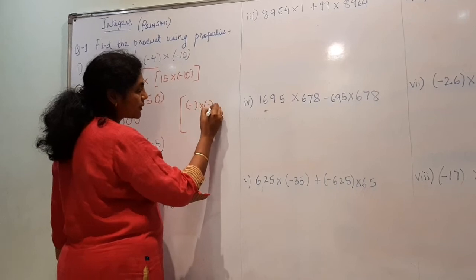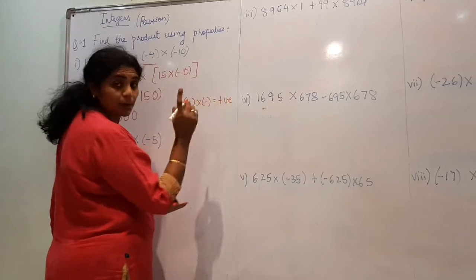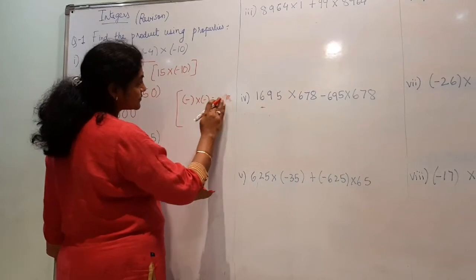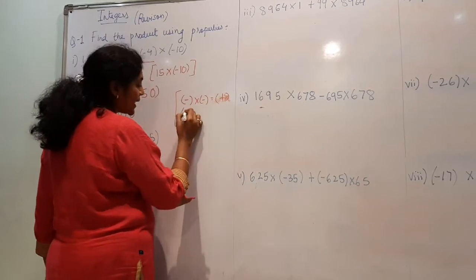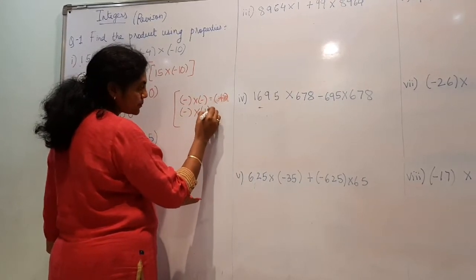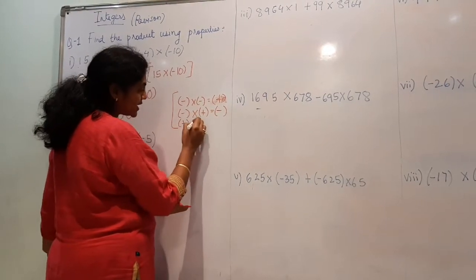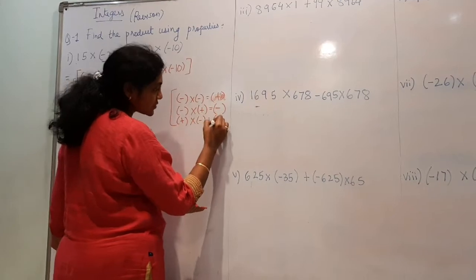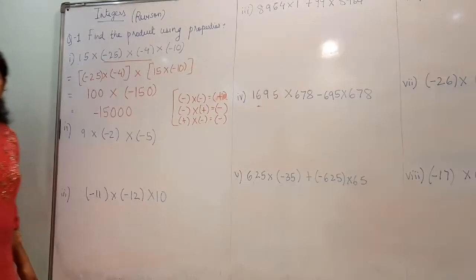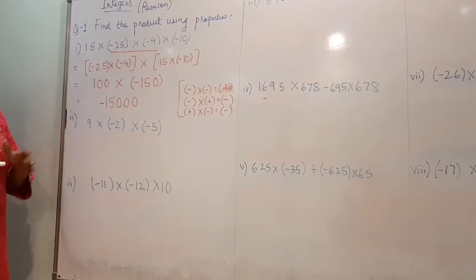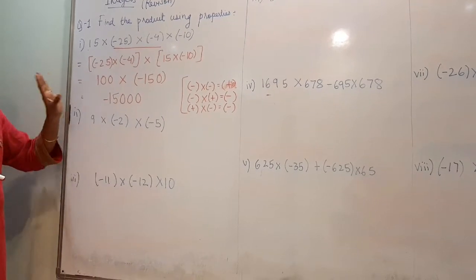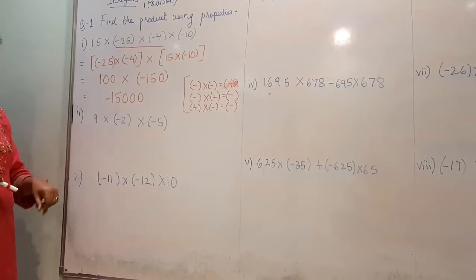Minus into minus is always plus, that is positive. Minus multiplied by plus is always minus, and plus multiplied by minus is always minus. Right? So with this concept you have to do the multiplication of integers.